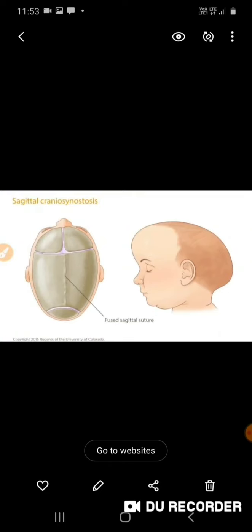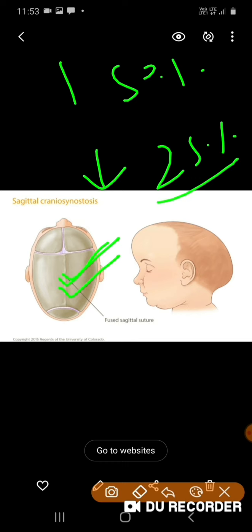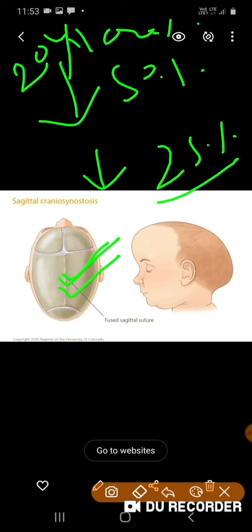In this picture you can see prematurely ossified sagittal suture, and the normal age of sagittal suture fusion is 30 to 40 years, and we know that the growing brain is only 25% developed at birth, and after that 50% development occurs till the age of 1 year, and about 100% of the growth occurs at the age of 20 years. So with early ossification of the sagittal suture, the developing brain cannot be accommodated within the fused skull or fused calvaria.